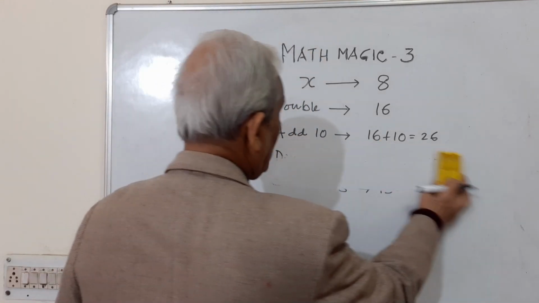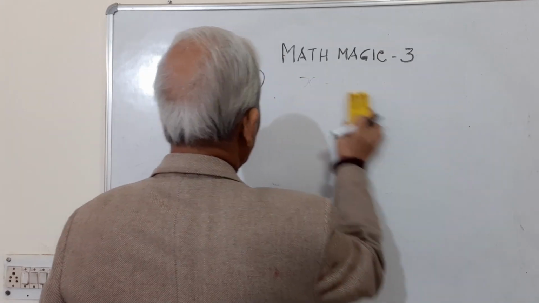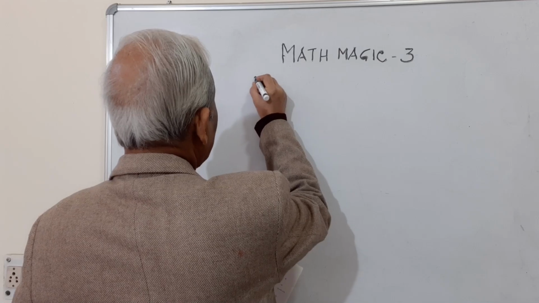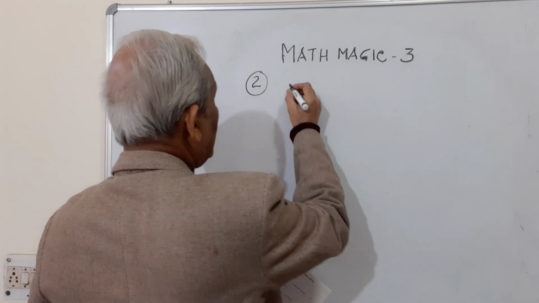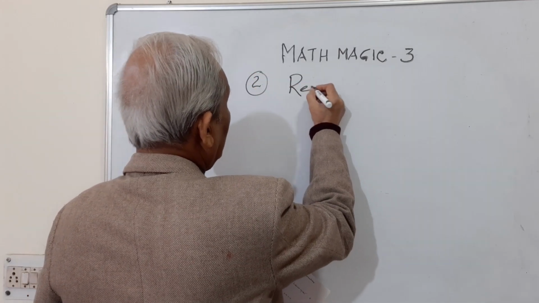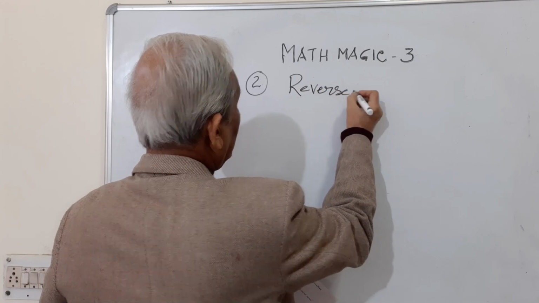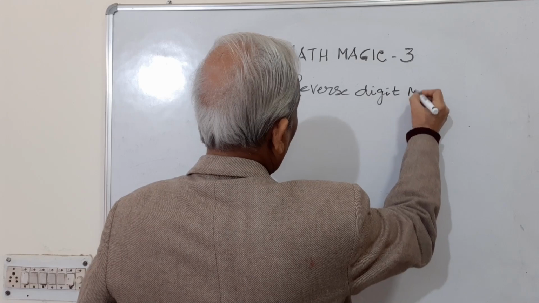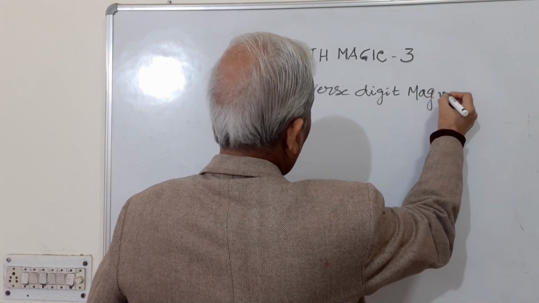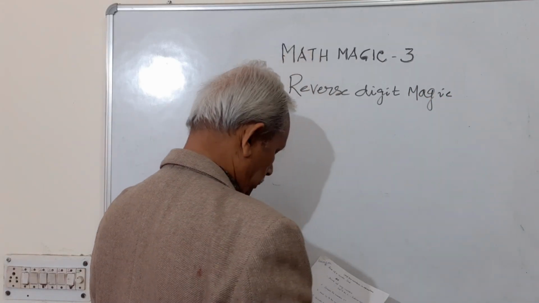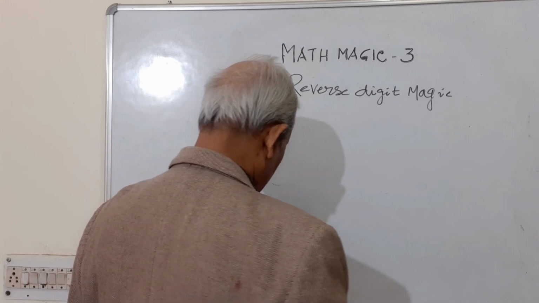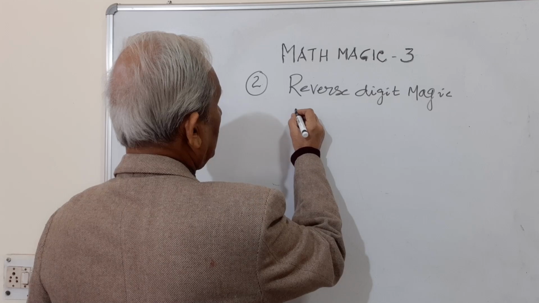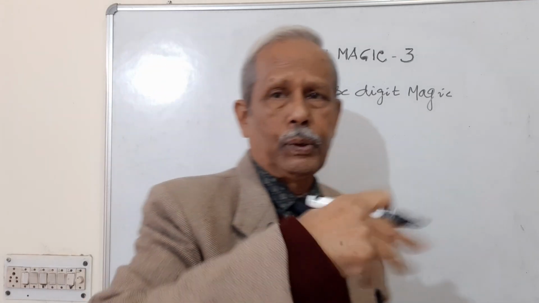Now let us do the next one. The second interesting fact. Second one, we call it reverse digit magic. It is reverse digit magic. Think of any two-digit number. Well, think of a two-digit number.